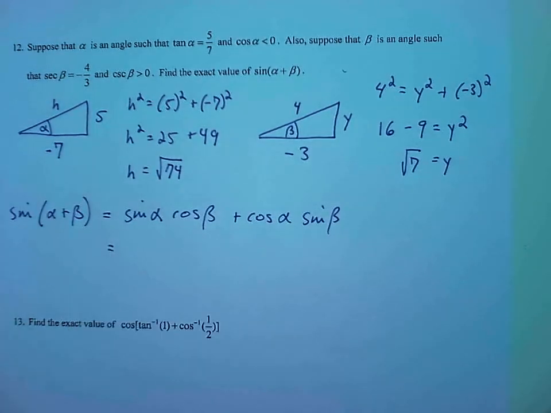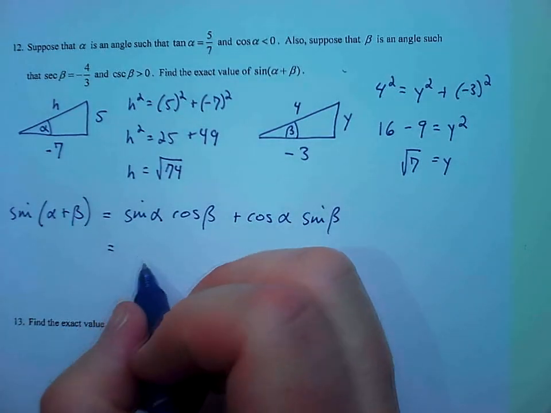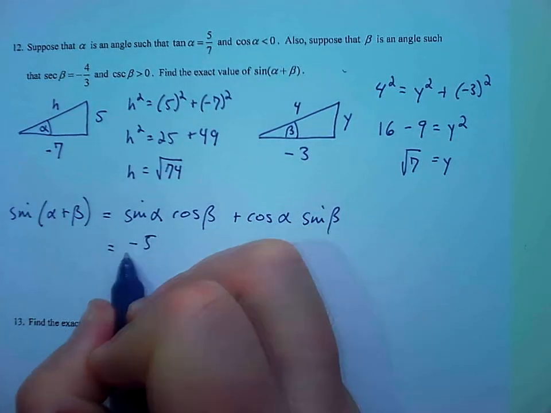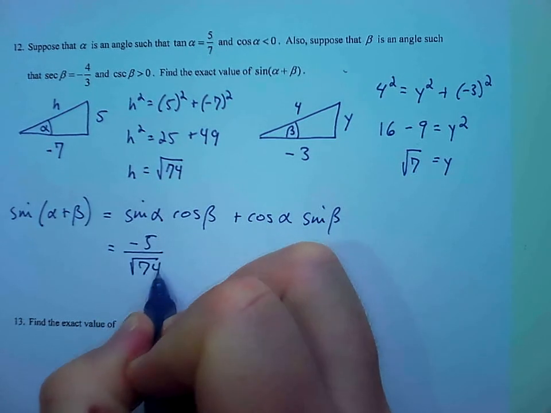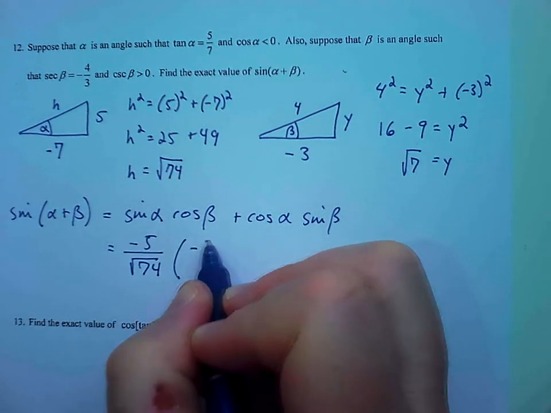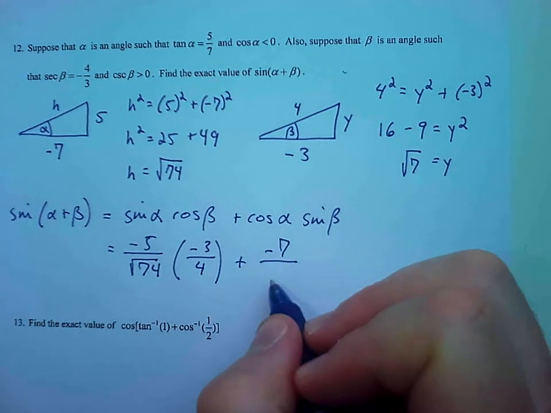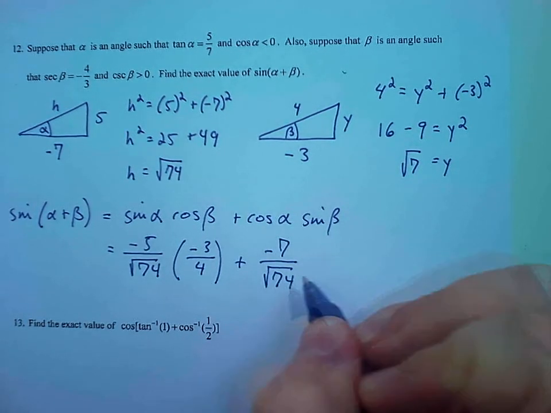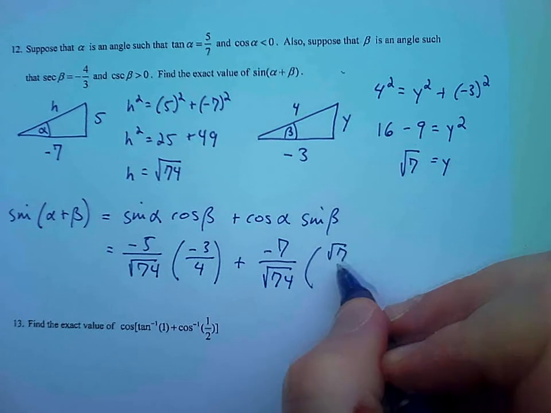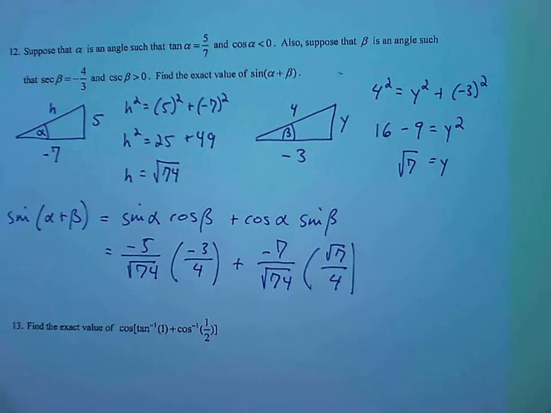So if we plug these values in here, this is going to come out to negative 5 over the square root of 74 times negative 3 over 4, plus negative 7 over the square root of 74 times the square root of 7 over 4.